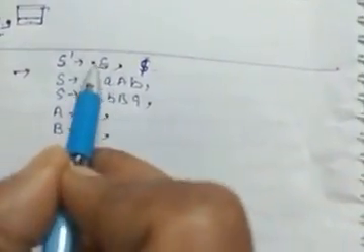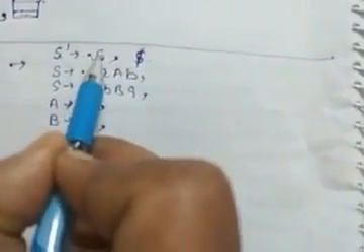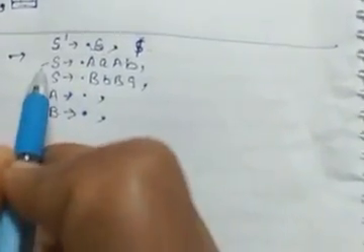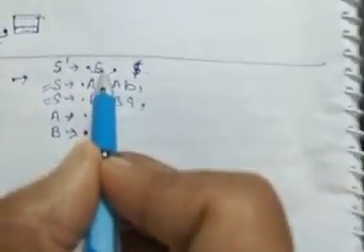Now in dot S, there is a non-terminal after dot, so we write the productions of S. The second element will depend upon the production from which it is derived, meaning that particular production is derived from this.